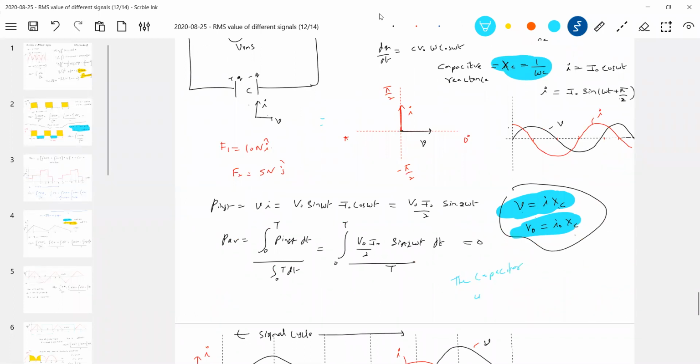The capacitor will make current lead voltage by 90 degrees. That's the basic idea of the capacitor. One more, the inductor, is there.